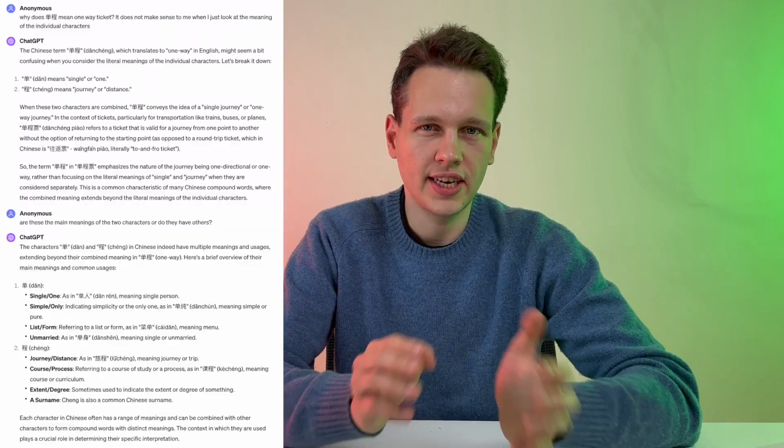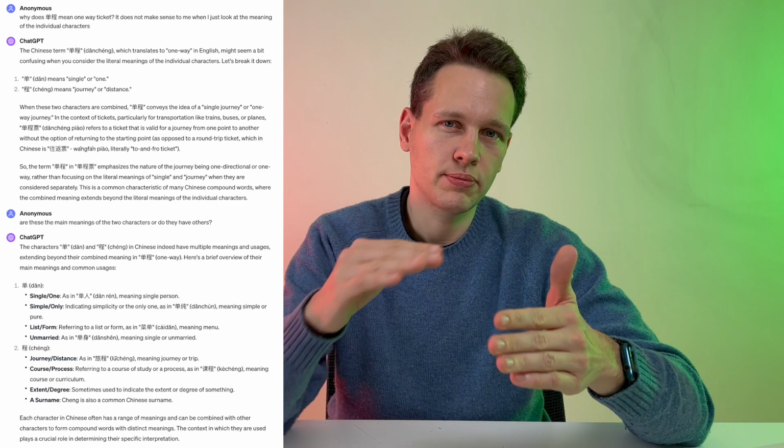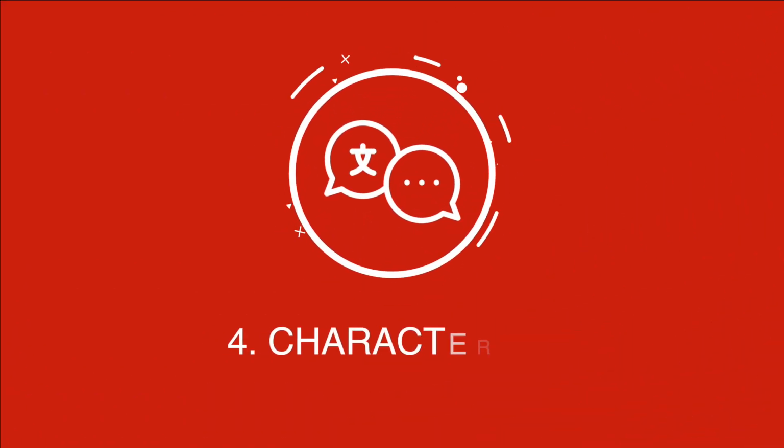And that's really not a good explanation for why these 2 characters mean a one-way, as in one-way ticket. And in these cases, it can be very helpful to just check ChatGPT and ask for an explanation why those characters make up that word and what their meaning is in the context of a specific word.